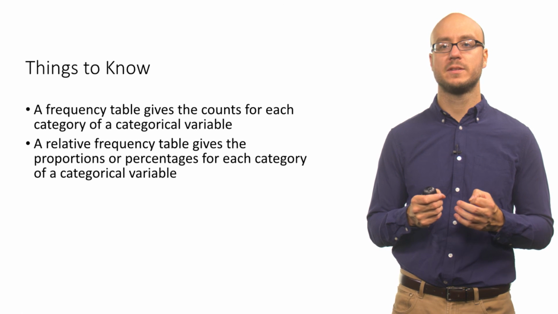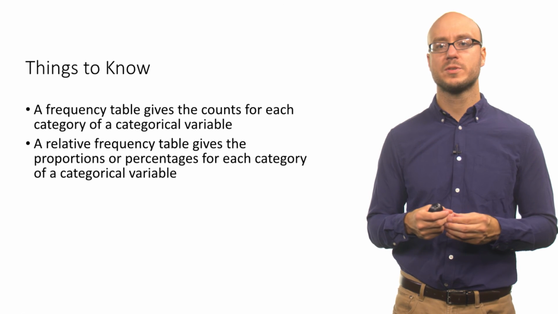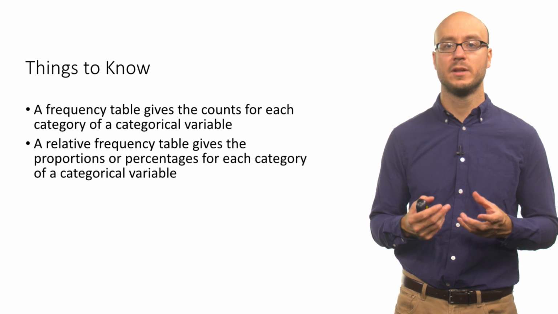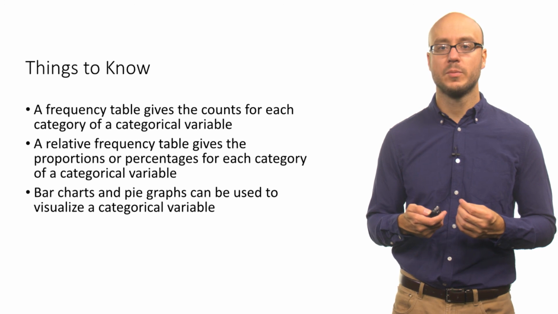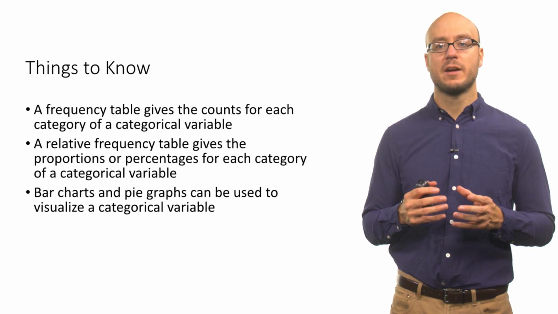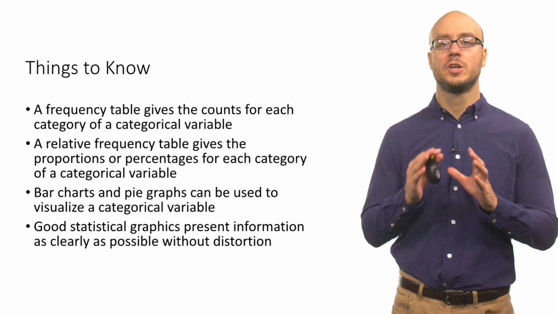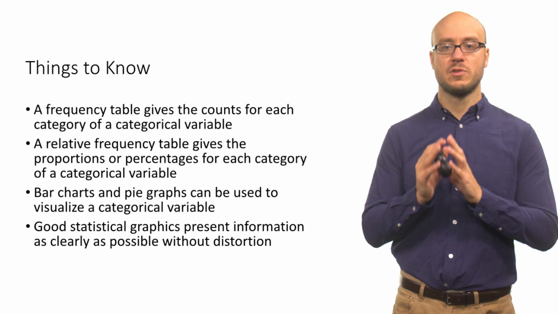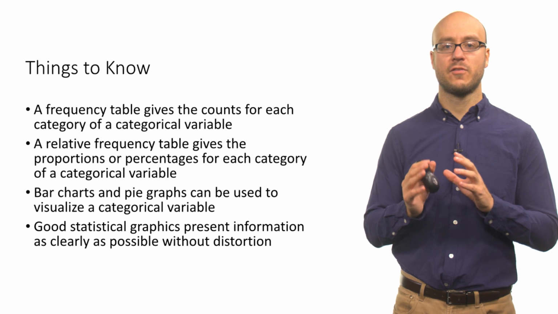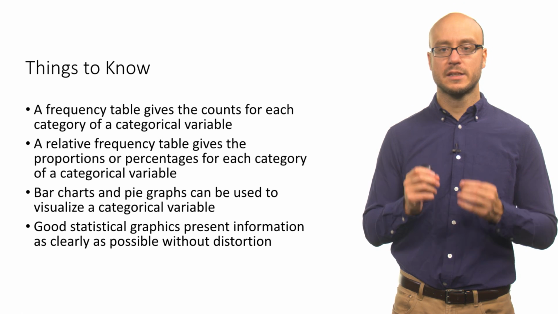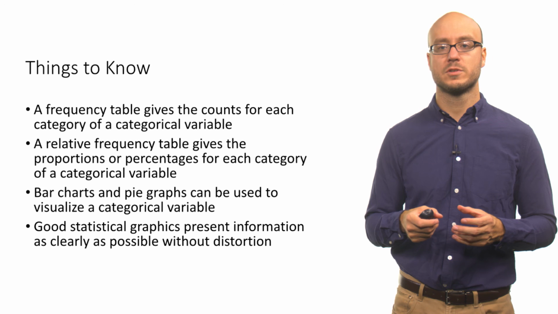A relative frequency table will give you the proportions or percentages for each category or level of a categorical variable. Bar charts and pie graphs can be used to visualize a categorical variable, and in general, you should strive to present information from your data set as clearly as possible without distortion.